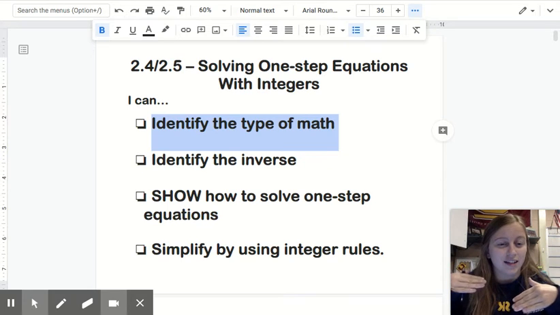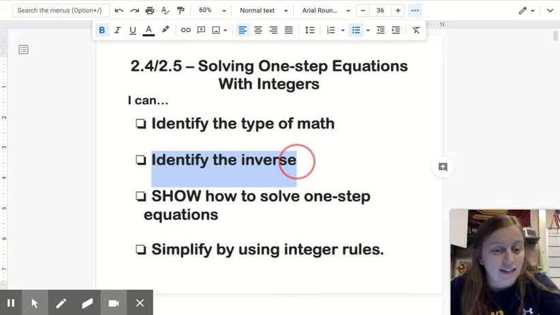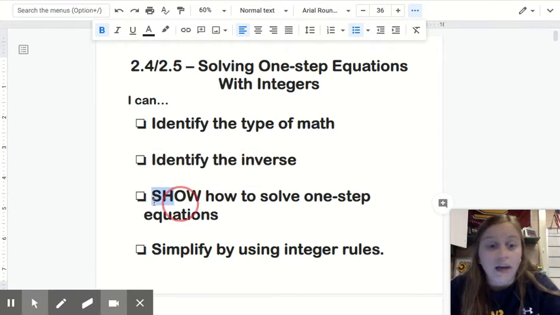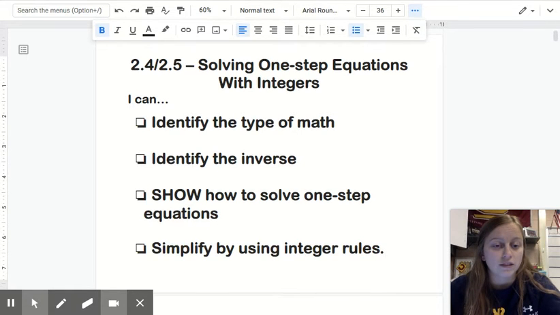It's hard to see exactly what's going on. We need to identify the inverse. Then, as we said before, we need to show how to solve one-step equations, and then simplify by using integer rules.